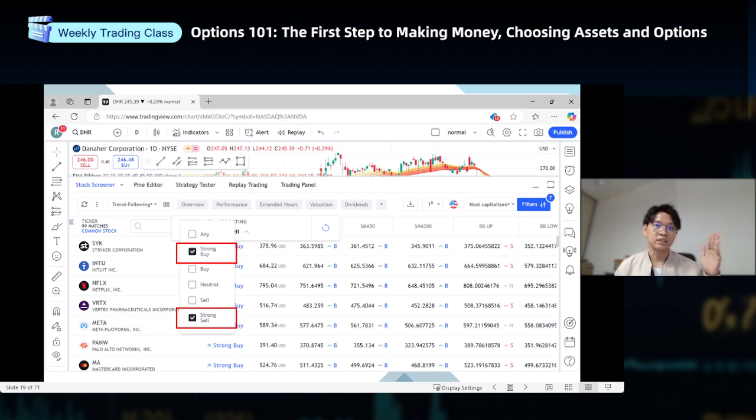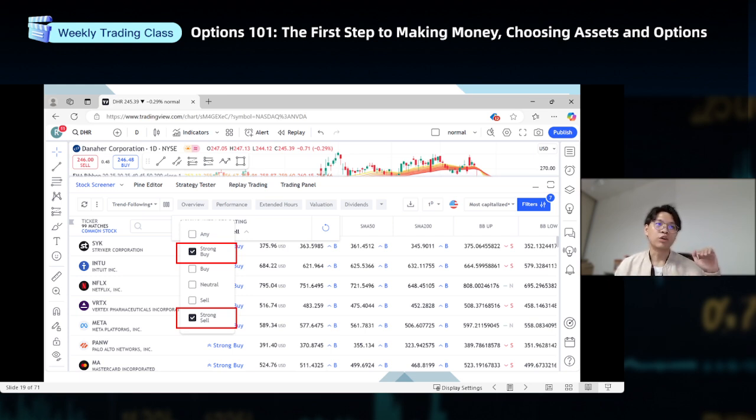In this case, we avoid trading those in the ranging zone. For the neutral, buy and sell ratings, the chart pattern might be ranging in a mess, like the moving averages crossing each other. So after we put in the filter on the moving average, only strong buy and strong sell, those will have a very clear direction, either moving up or down.